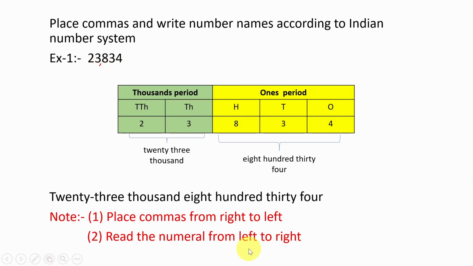While reading the numeral, read it from left to right, means 23,834. In this way you have to read the number. This is the number name.